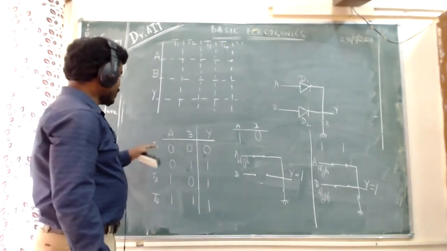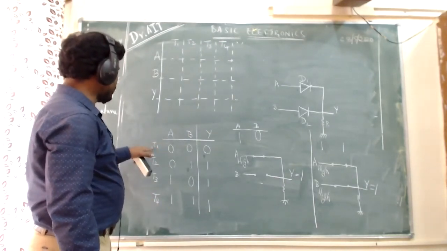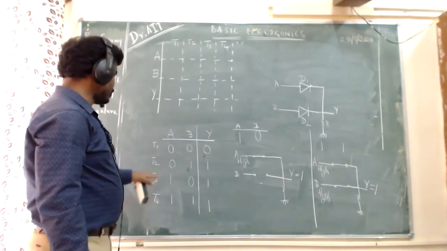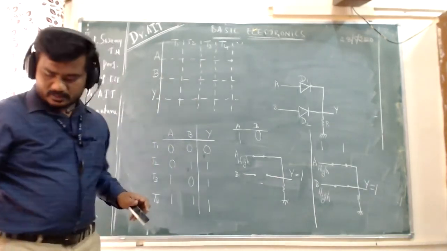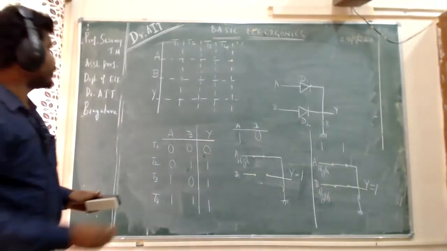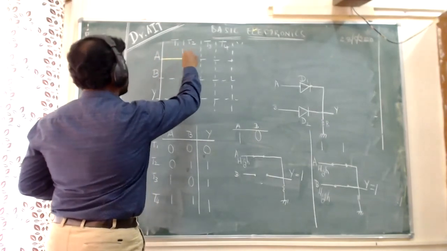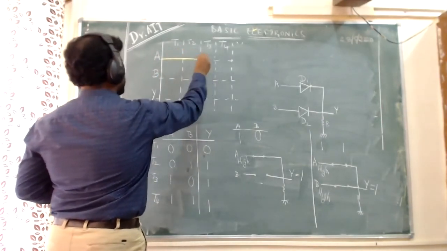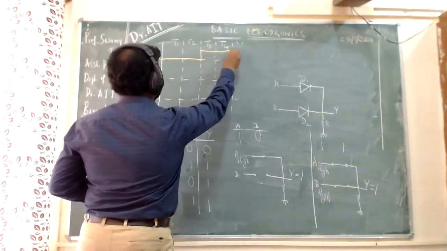In the first case, A is equal to 0 at time T1, 0 at T2, and 1 at T3 and T4. So for T1 and T2 it is 0, and for T3 and T4 its value is logic high.